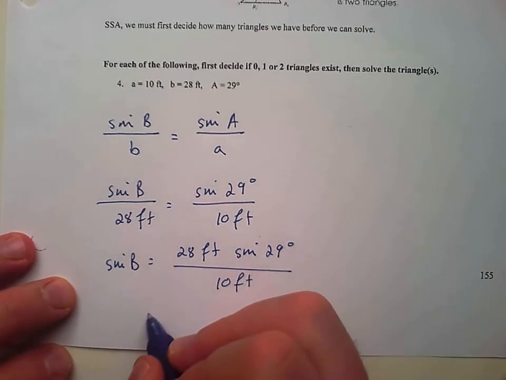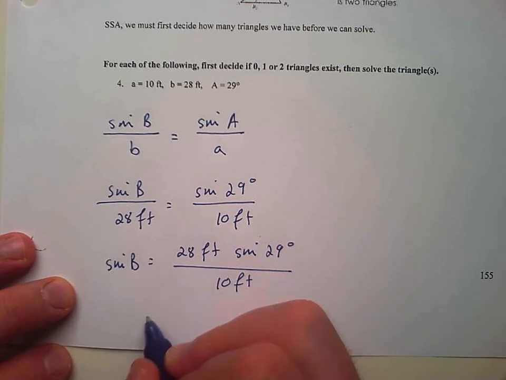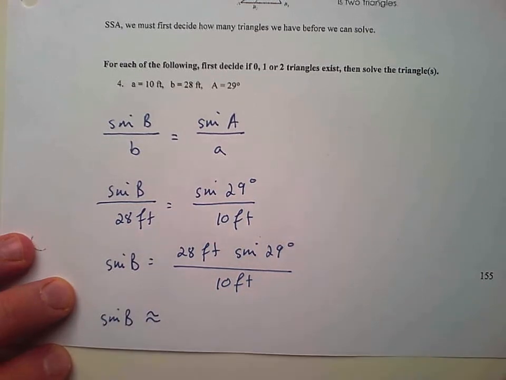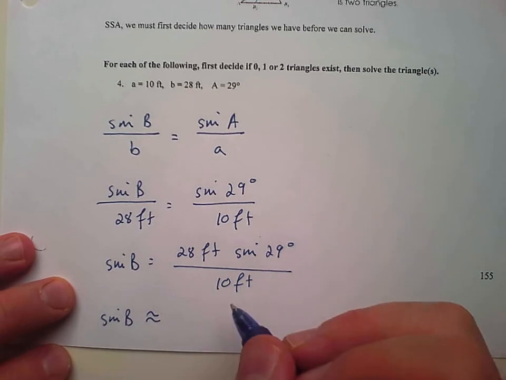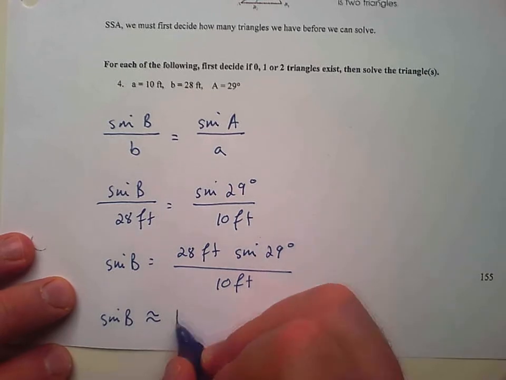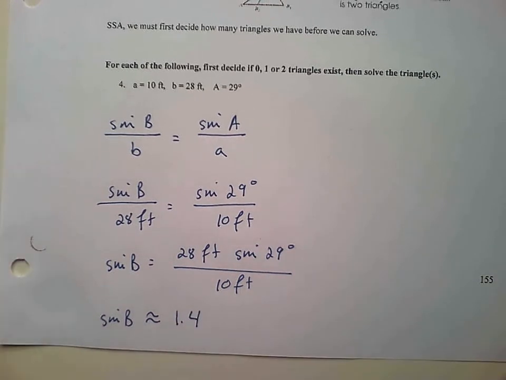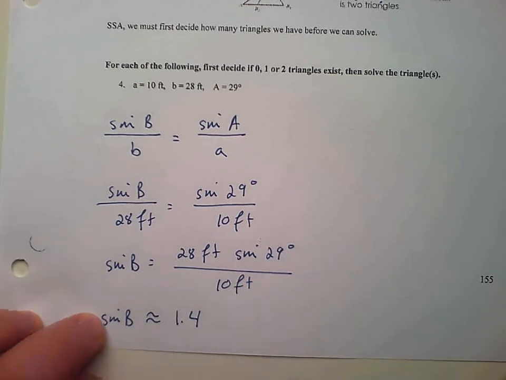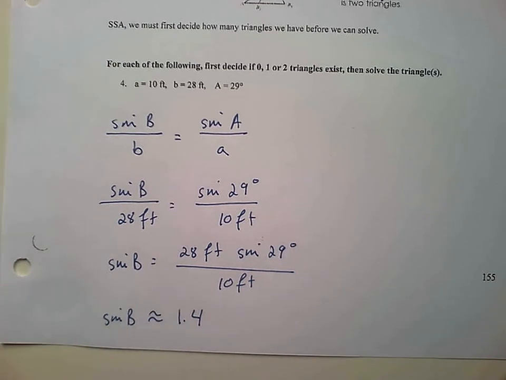If we do this on the calculator, we'll see that the sine of B is approximately equal to 1.4. So this right-hand side is about equal to 1.4.